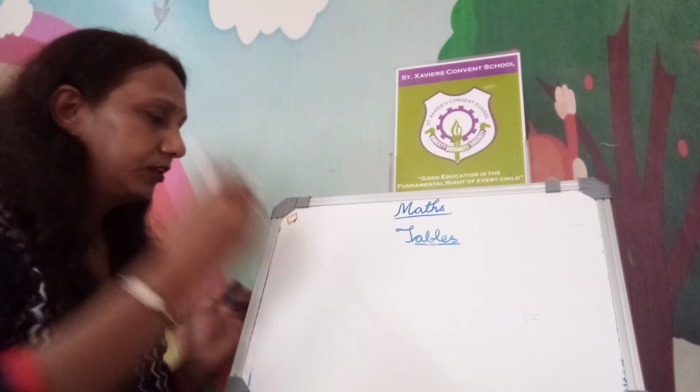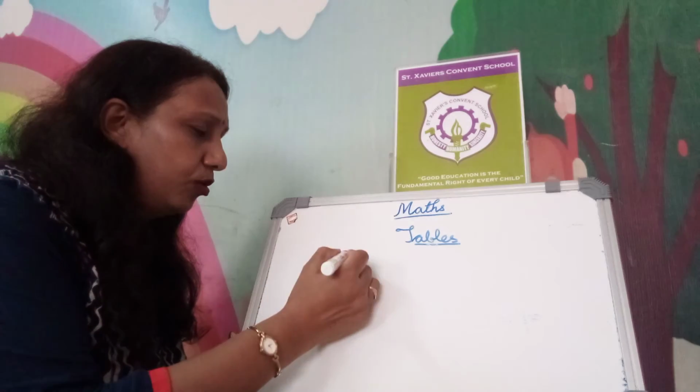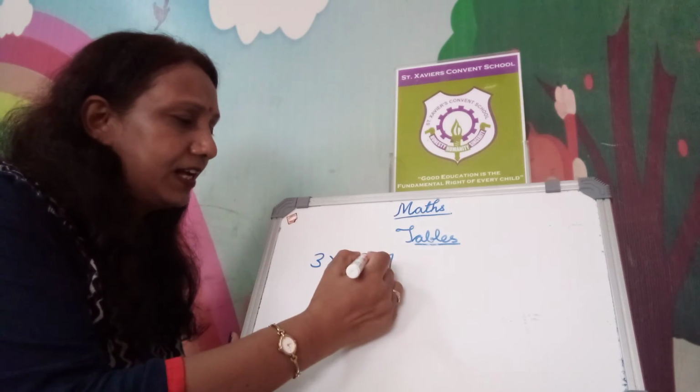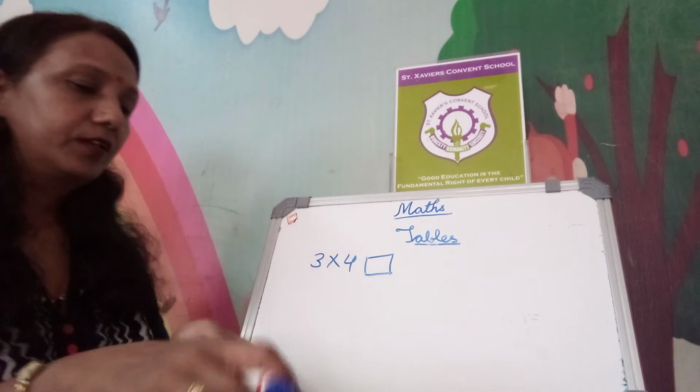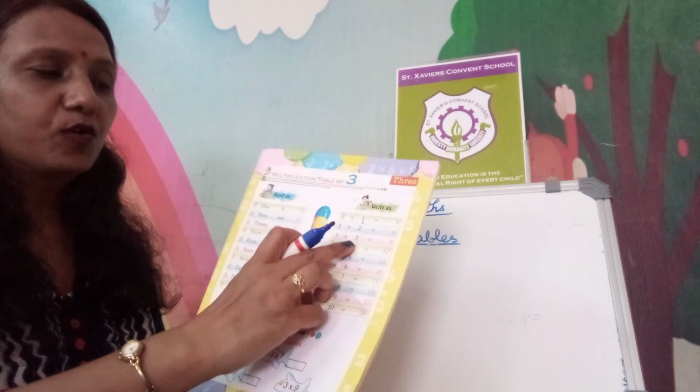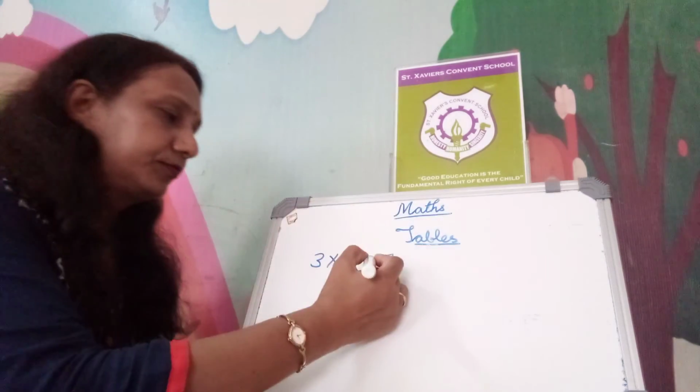3 into 4. What will be the answer? 3 4s are 12.